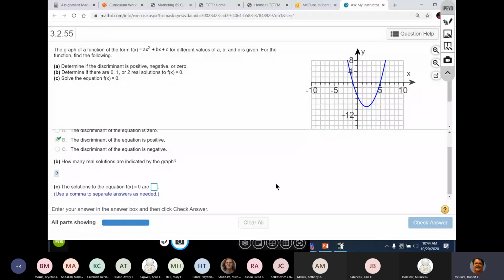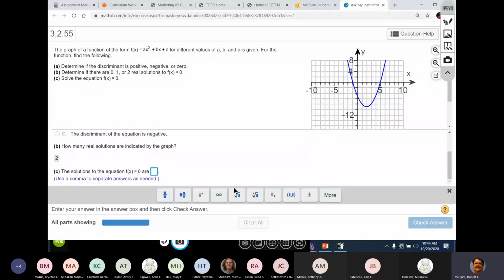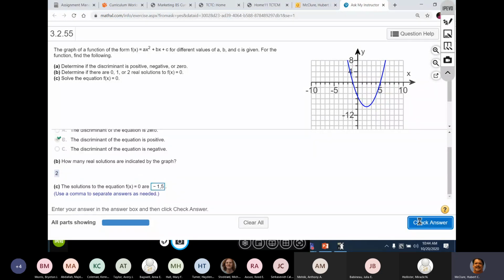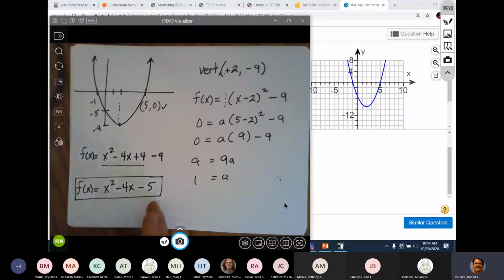Where is y equal to 0? At -1 and +5. -1 and +5. That's your x-intercepts. And that's it. So I didn't need any of this. Oh well. Just write that down as information for your notes.